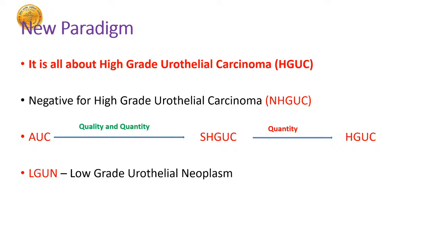So what is the new paradigm? As I've repeatedly been saying, please remember, the TPS, that is the Paris classification, just like Bethesda and others in the thyroid, is about high-grade urothelial carcinoma. If we remember this, we will not go wrong. There is a category called negative for high-grade urothelial carcinoma, and these are the other categories.